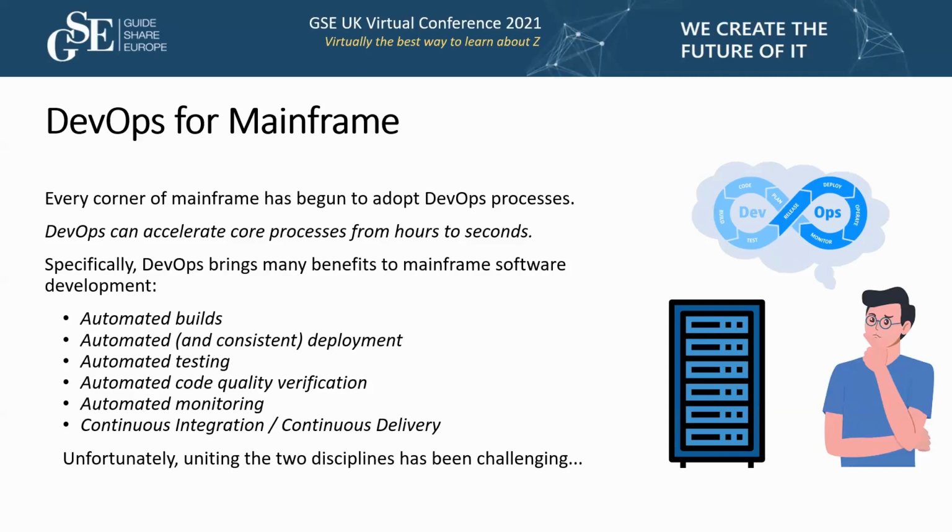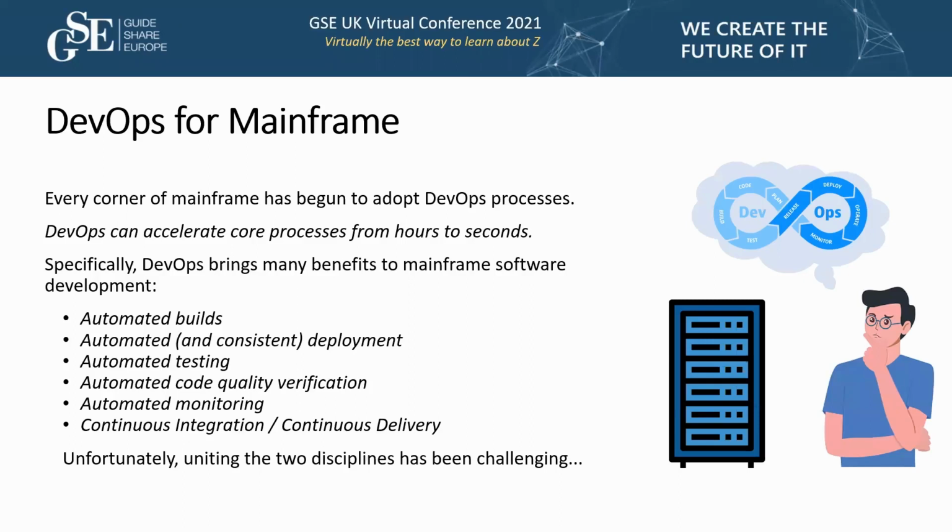In addition, with DevOps practices, you can bring in new transformative practices like continuous delivery, continuous integration, or CI/CD as an abbreviation, and automate many steps of your work. Those include automated builds, automated deployment, testing, code quality verification, and monitoring.